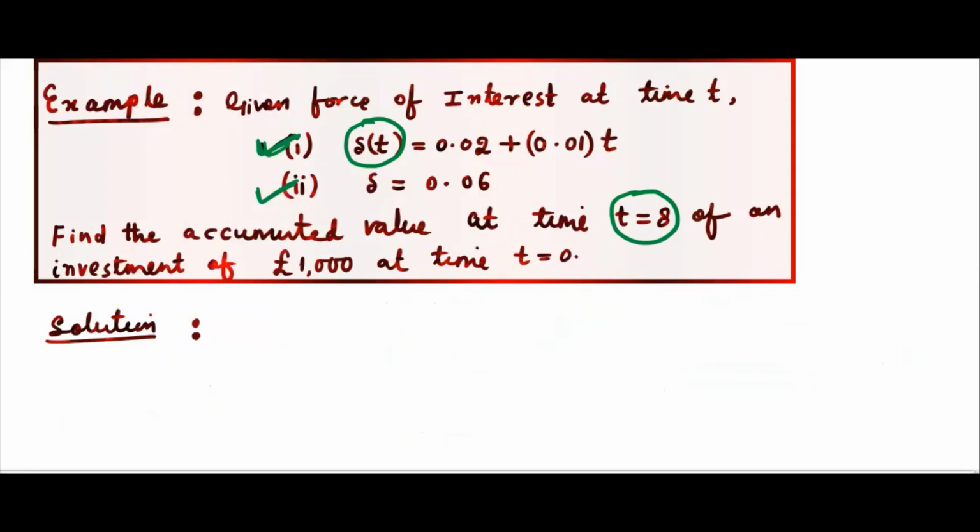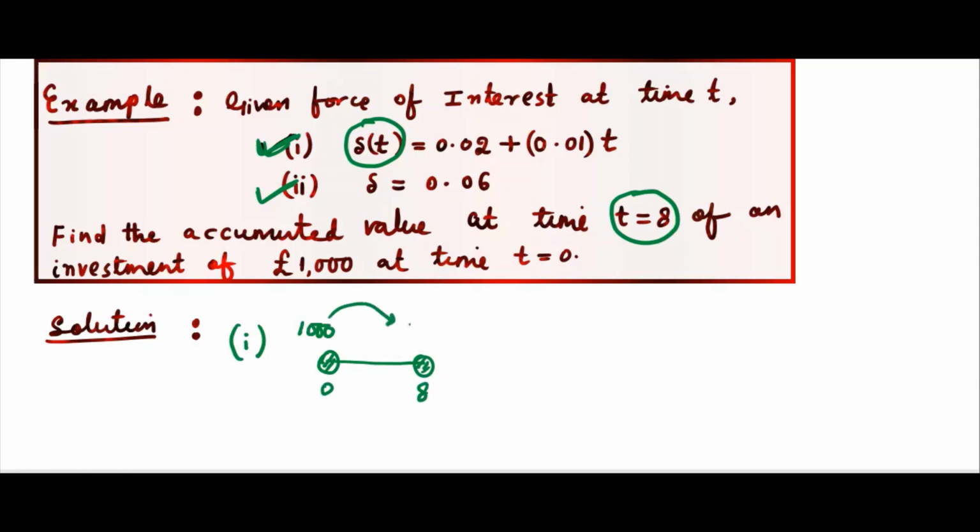So if you are using this one, 0 to 8 here, 1000 is the amount.